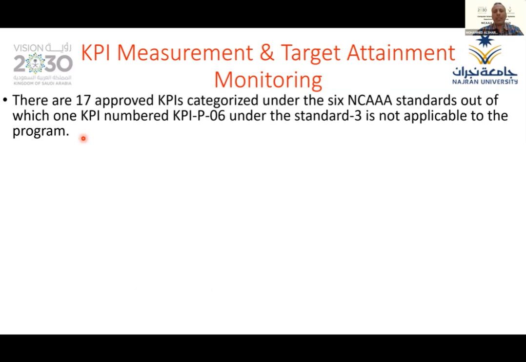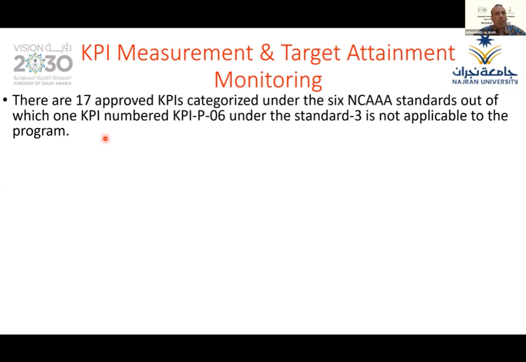After that, we took 17 KPIs categorized under the 6 NCAA standards: standard 1, mission; standard 2, program leadership, management, teaching and learning; faculty, standard 5, and so on. However, out of these 17 NCAA KPIs, KPI 6 in standard 3 is not applicable to the program, as I said in session 1.